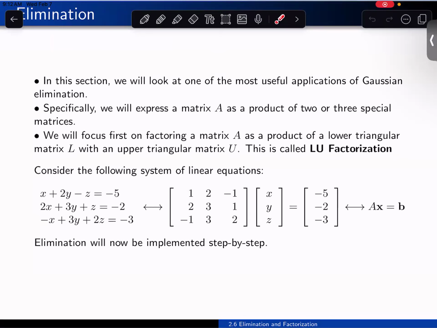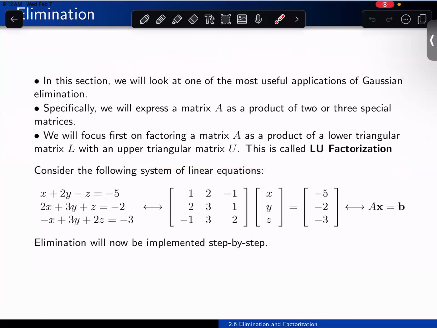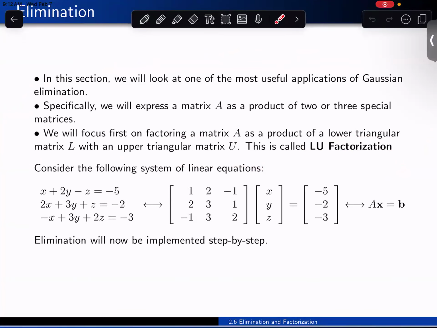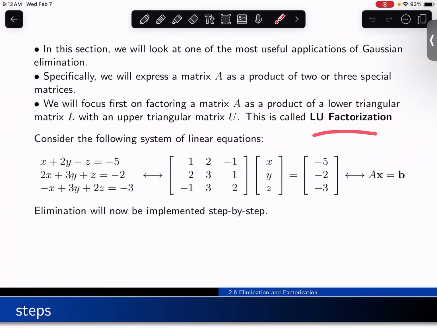Okay, so what I just said verbally is really just the first 3 bullet points of the slide. The main focus is going to be factoring a matrix A as a product of a lower triangular matrix L with an upper triangular matrix U. This is going to be called LU factorization. A lot of this is going to be really familiar, despite the new terminology.